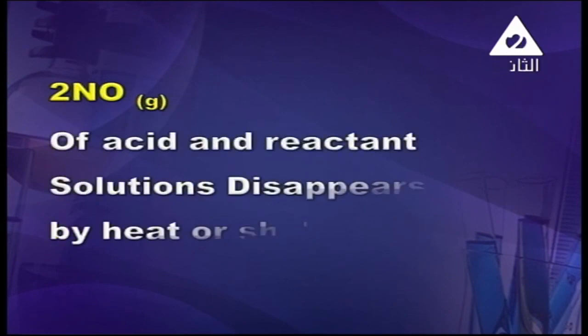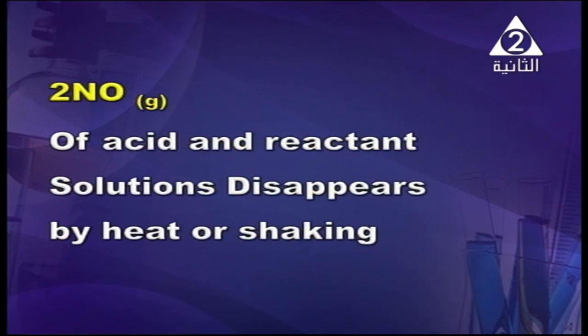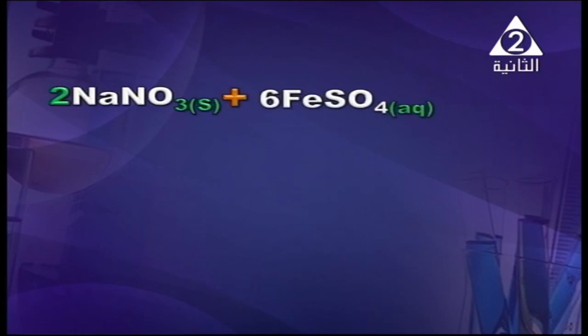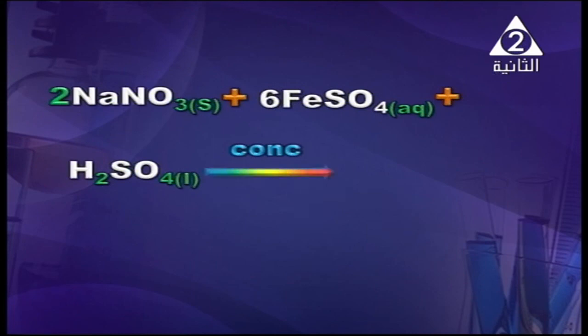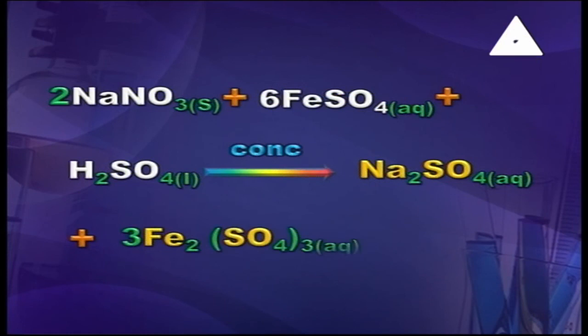This reaction solution disappears by heat or shaking. I say 2NaNO3, when added to FeSO4 plus hot concentrated sulfuric acid, gives Na2SO4, also FeSO4, and water, and the ring starts to be formed.